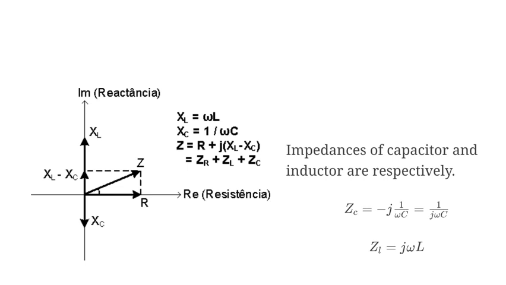If R is in the X direction, then the resistance and capacitance can be calculated. The impedance of the capacitor I have shown downward and the reactance upward. Check this.